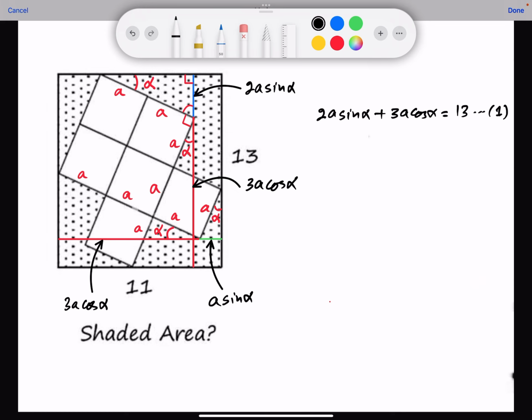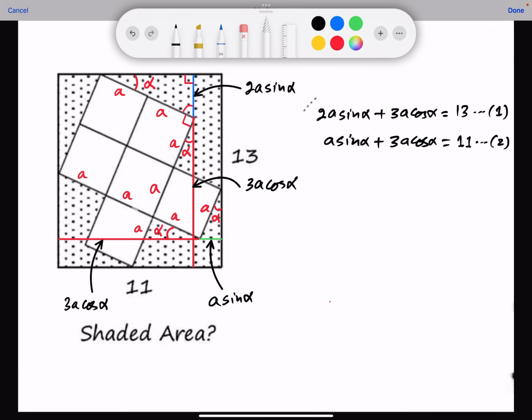And I'll form another equation using the other side length of the rectangle, which is A sine alpha plus 3A cosine alpha is equal to 11, and I will call this equation number 2.